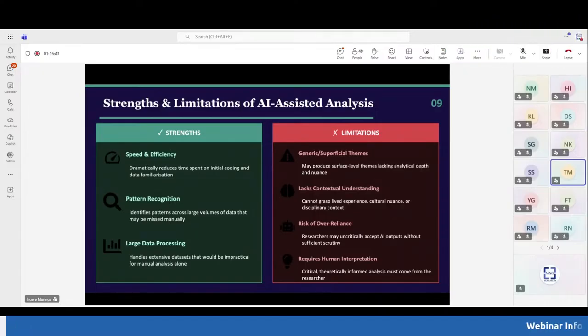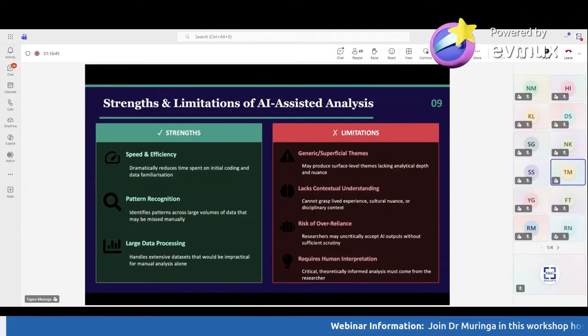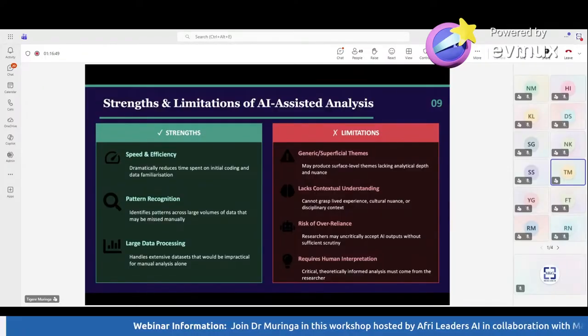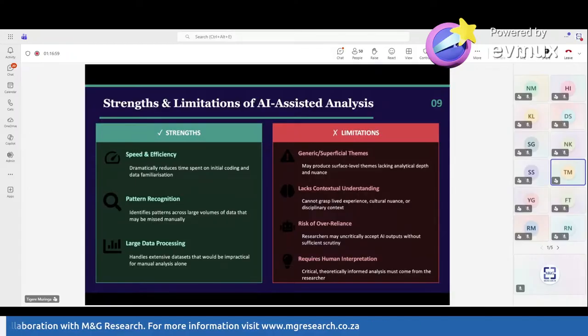It assists with identifying patterns across large volumes of data that may be missed manually, right? Human researchers have limitations, and we are saying the LLMs and generative AI platforms have capabilities, right, to do pattern recognition on large volumes of data. And this is where we must employ and deploy them, right?